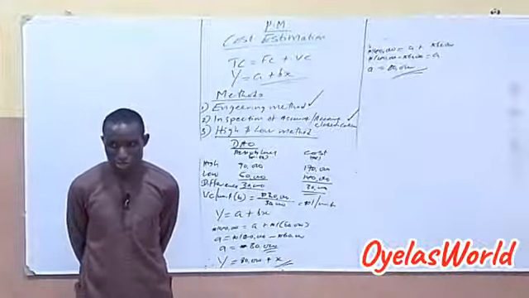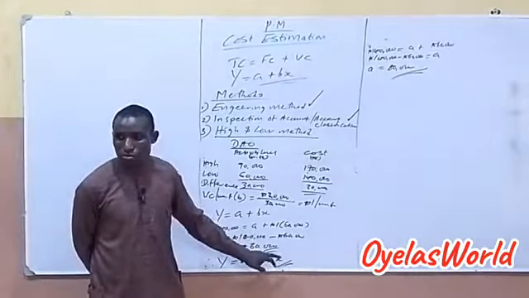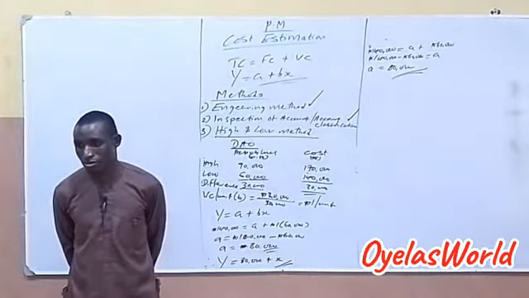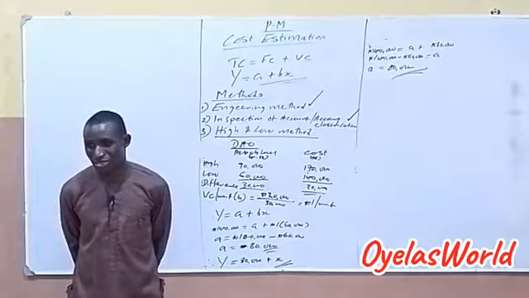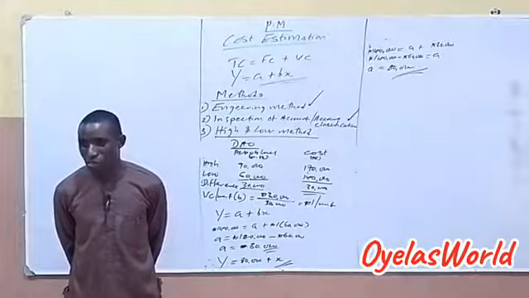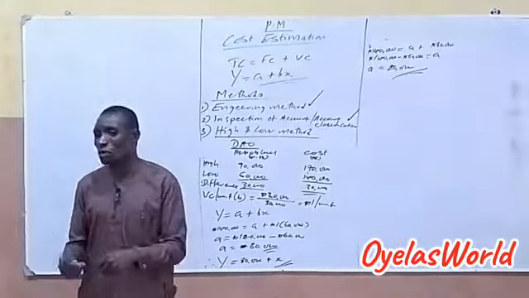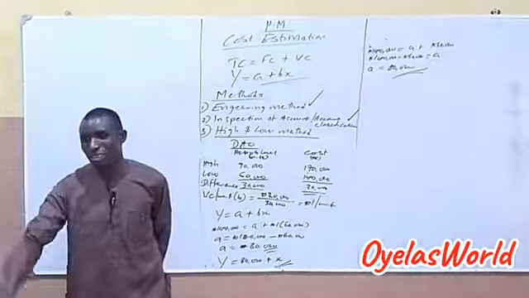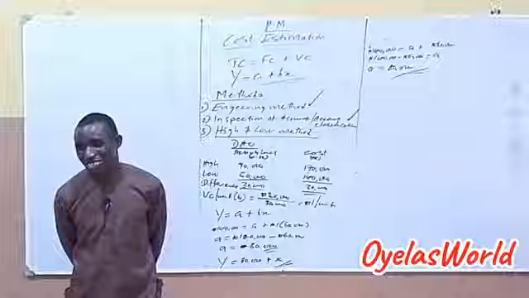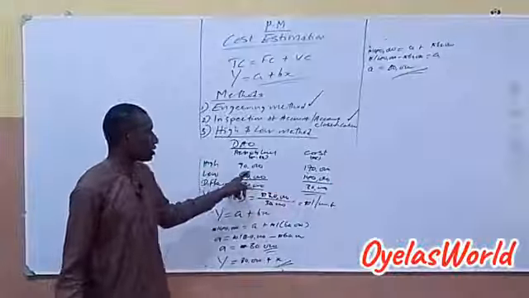Okay, see now. If it is variable, this will be 0. Can you see we can't estimate? Also, if it's variable, by the time you are dividing the total cost by the activity level, it must give you the same value. If it's okay, 170,000 divided by 90, what do you have?